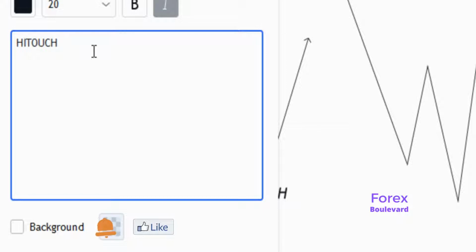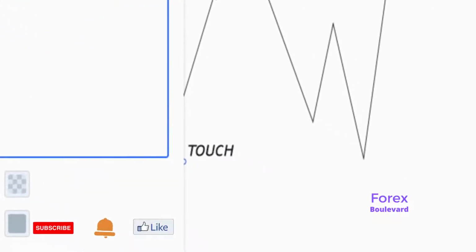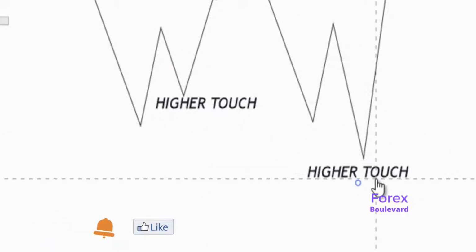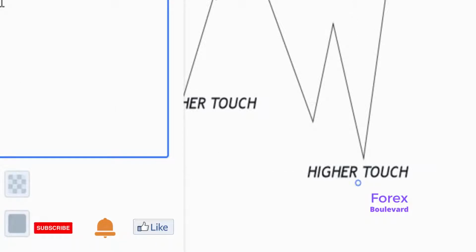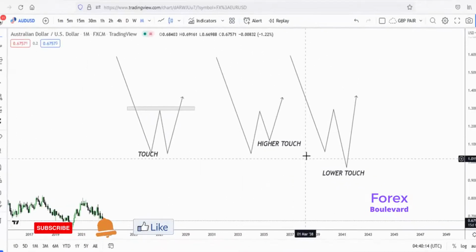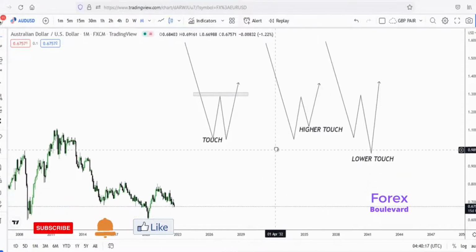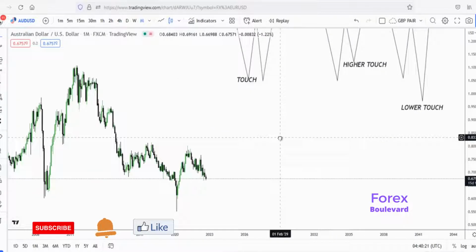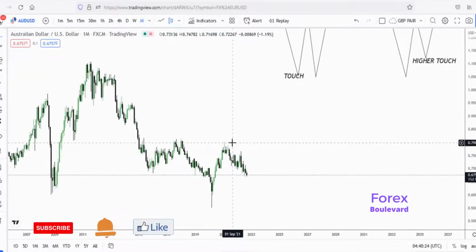Let me tag this: higher touch, the lower touch. So these are the scenarios that can play out when it comes to these chart patterns. Now let's go into the charts and see what we can actually fish out here.